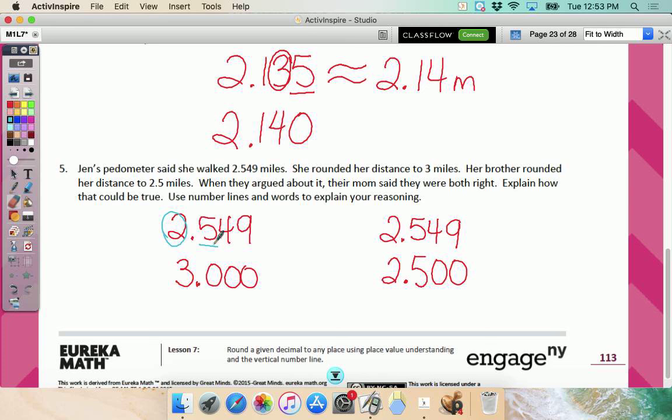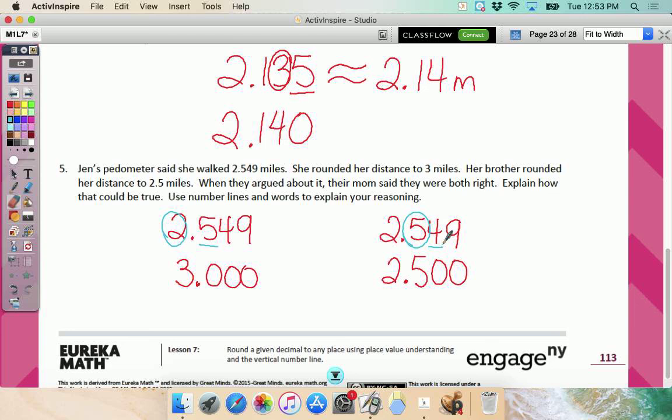Yeah. Okay, so what about this one? We said the 5 and the 4. Okay, so what's the difference here? What place value did we round to on the first one? The ones. What place value did we round to on the second one? The tenths, okay? So it depends on where you round it.